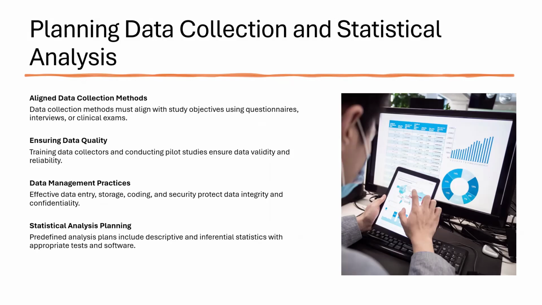On every aspect we are going to discuss in a detailed video in future, but here we are just getting an overview of what elements should be in a research proposal. So you will also be talking about data managing practices, where you will be noting down the effective data entry, storage, coding, and security to protect your data.